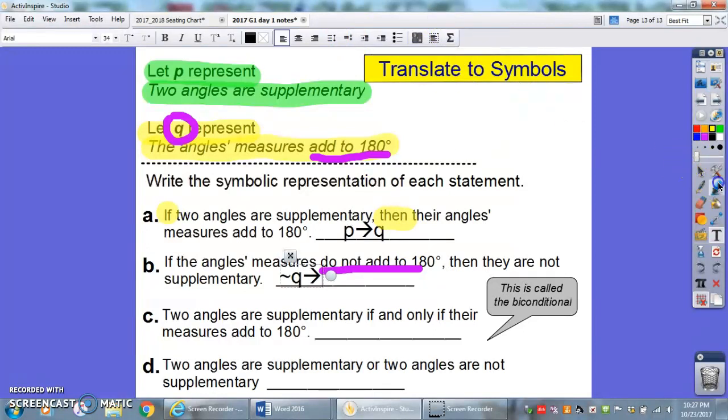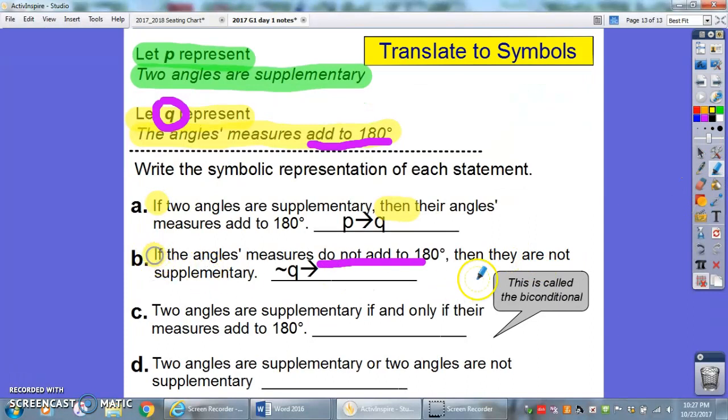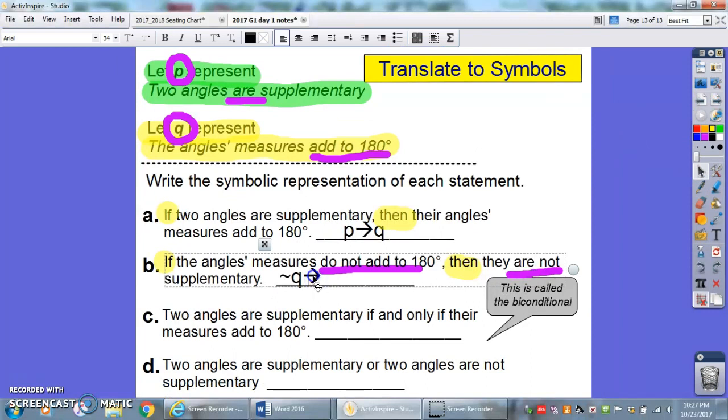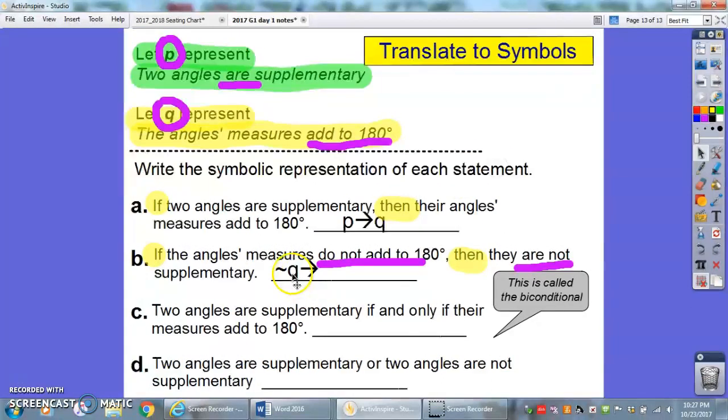So the next part would be, then they are not supplementary. So again, it's negated. They are not supplementary. When up here it says they are. So I'm going to have to negate or use the symbol for not in front of P. So I'm going to have to add the squiggle. Oh, it's going to be a little bit confusing.